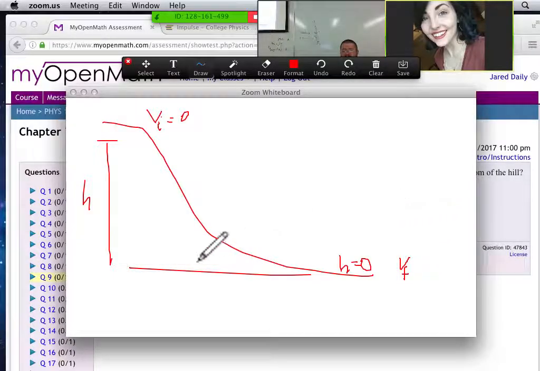The equation says that all the energy at the beginning has to equal all the energy at the end. All the energy at the beginning is kinetic energy, which ends up being 0 because our velocity is 0, since we're not moving at the top. Then we add that to our potential energy at the top, which is m times g times h. And then our kinetic energy at the end, which is 1/2 m v squared final.